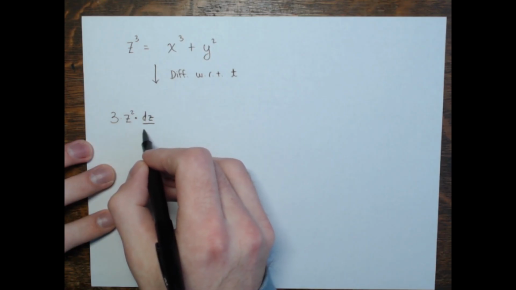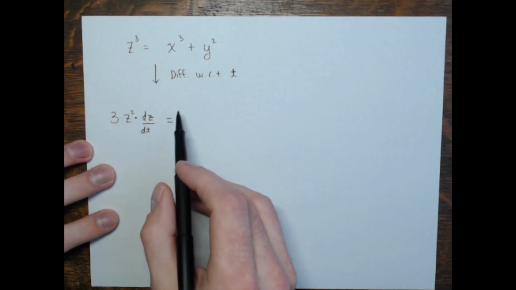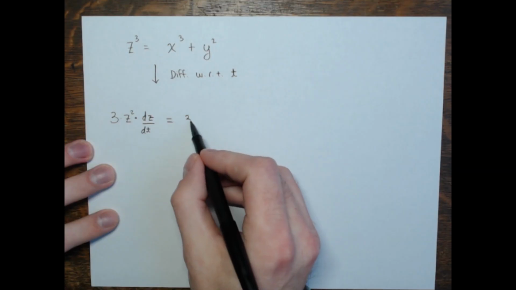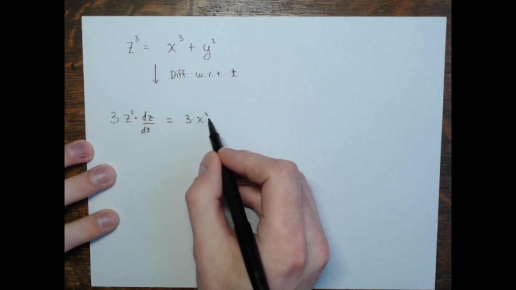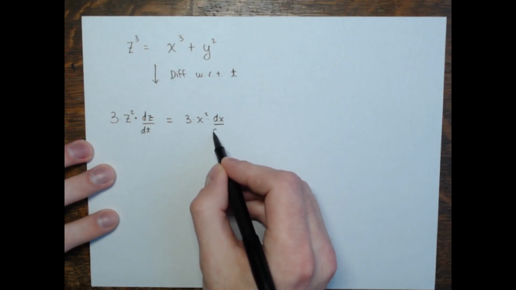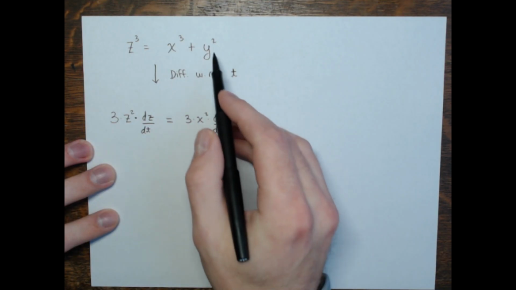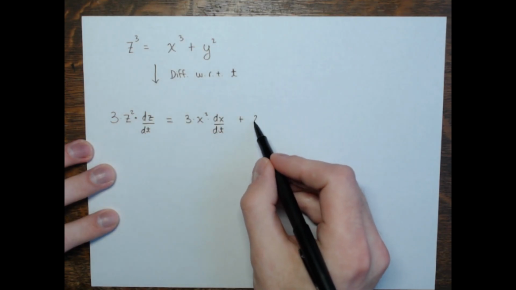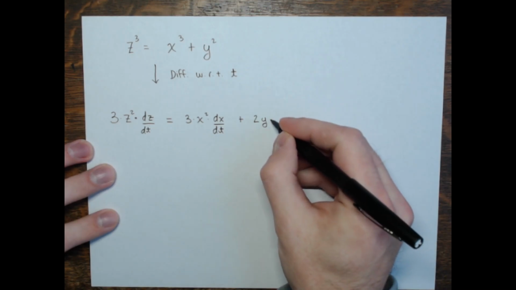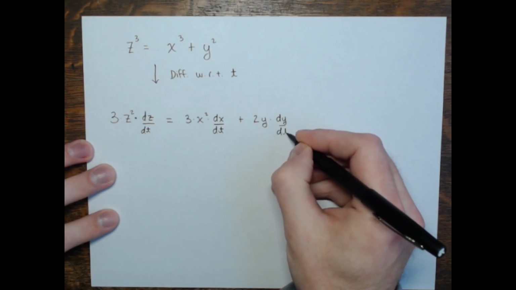So dz over dt like this, equals, and then same thing for the x cubed, 3 times x squared, but then times the derivative of x with respect to this t variable. And then finally plus, same thing for the y squared, 2 times y to the first, but then times, through the chain rule, the derivative of y with respect to this t variable.